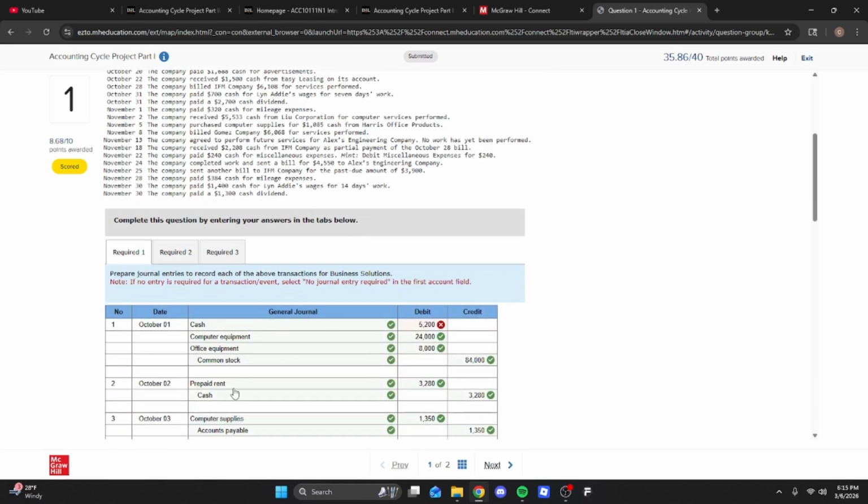So we take the prepaid rent, that's direct, but the cash goes on credit because we're paying the company for the 4 months. Instead of paying the whatever 900, 800-ish dollars per month, we're paying a lump sum for the 4 months. It's not direct, it's kind of going through this third extra step.